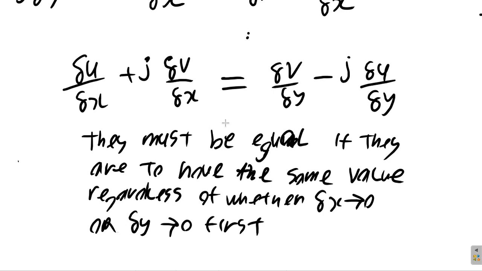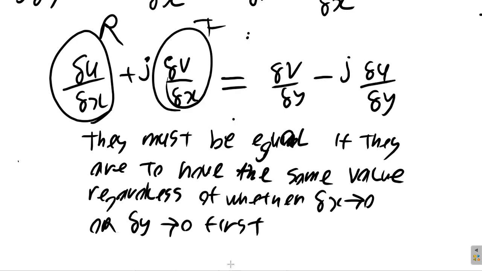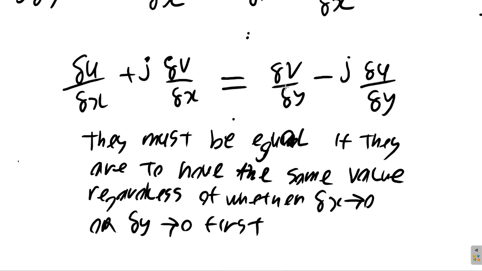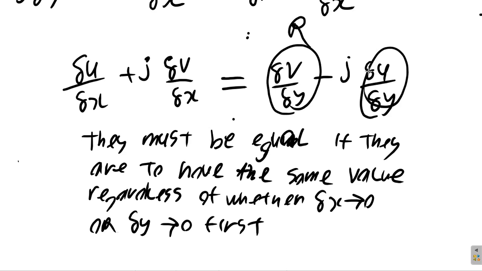Now, that means del v by del y minus j del u by del y must be equal to del u by del x plus j del v by del x. Now, you have real part here and imaginary part here. Alright, you can see that. On this side you have the real part and you have the imaginary part.